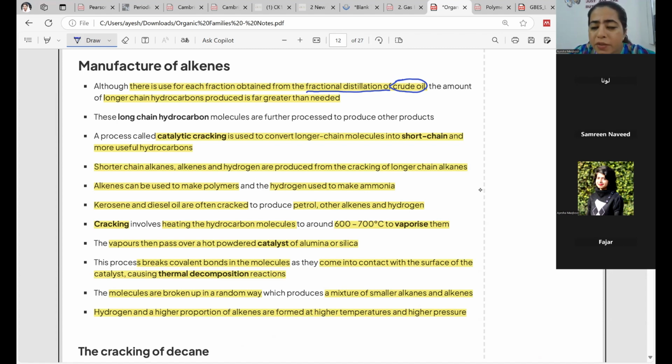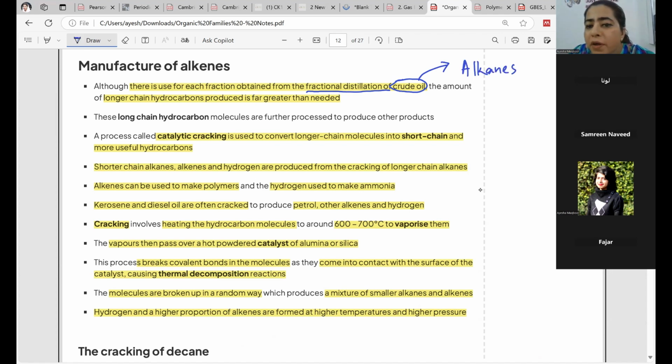So we are going to heat the crude oil. According to the boiling points, all the fractions of the crude oil are going to separate from each other, right? So crude oil is giving us alkanes basically. When we are separating the fractions in the fractional distillation, it is going to provide us all the alkanes.